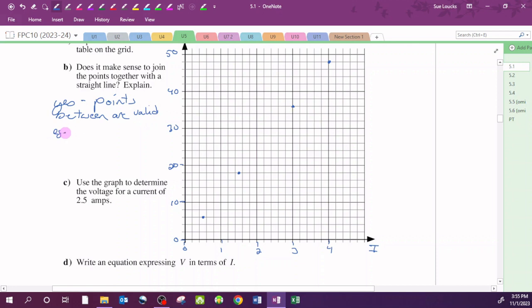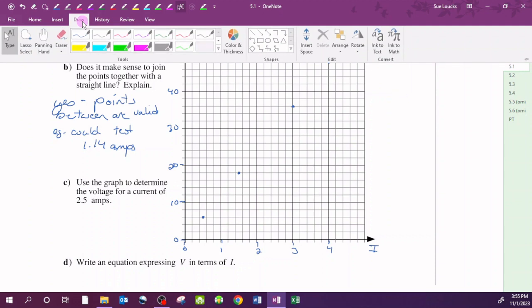For example, we could test 1.14 amps, right? We could do that, and then we could put where it's going to be on the grid, and that would make sense. Whereas we couldn't do 1.14 triangles, so we couldn't join that. So I'm going to join mine. You're going to use a ruler.